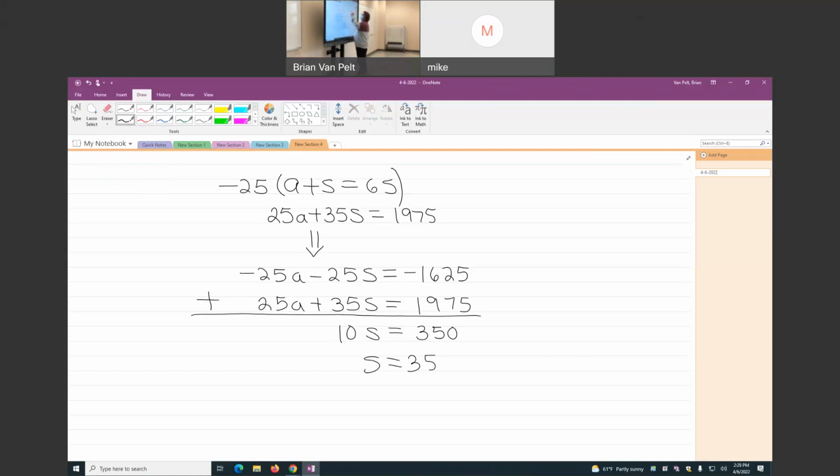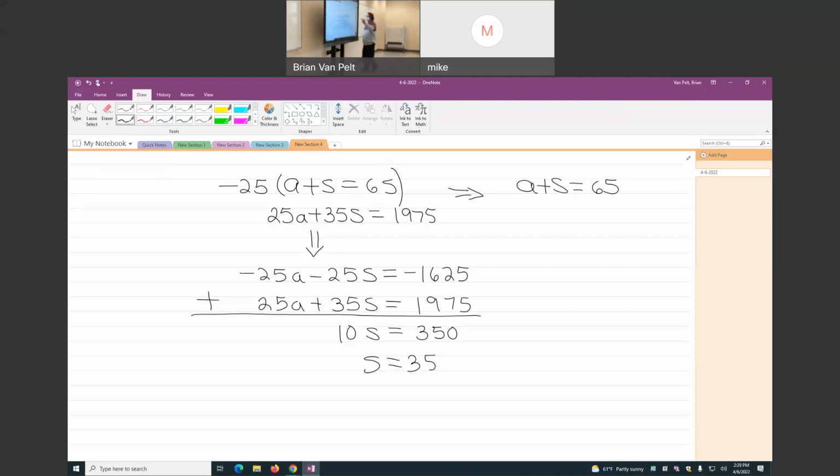Now, normally, we don't do this: A plus S equals 65, and then you write the other equation. But do you see how simple it's going to be to get A? You can go back and substitute in that first equation, can't you? It would be crazy to run elimination again when it's so simple like this.